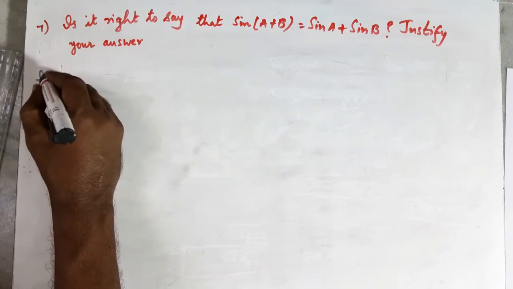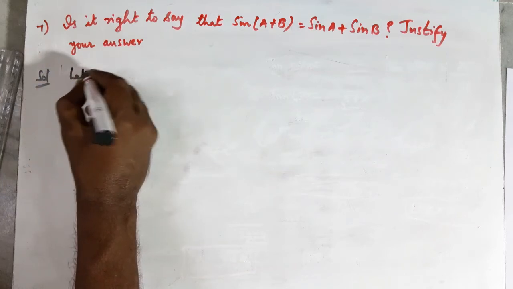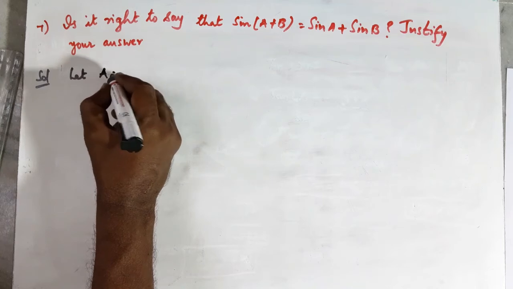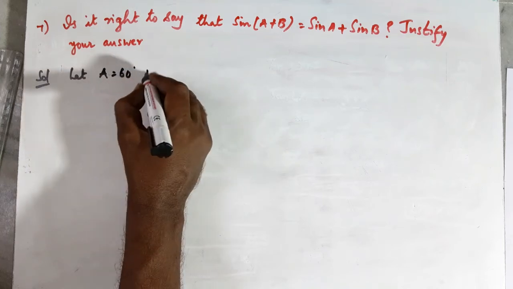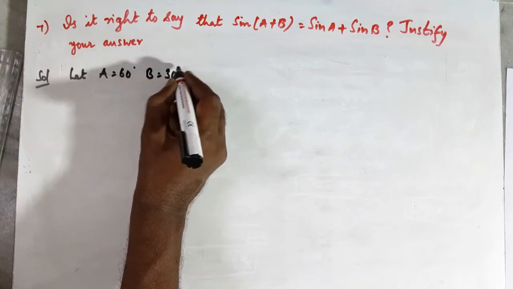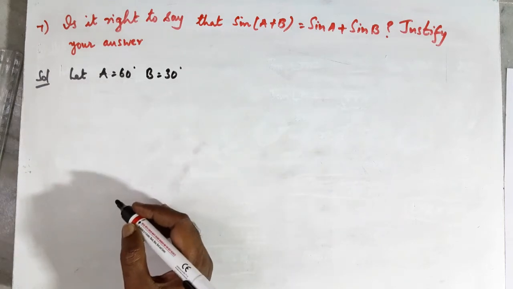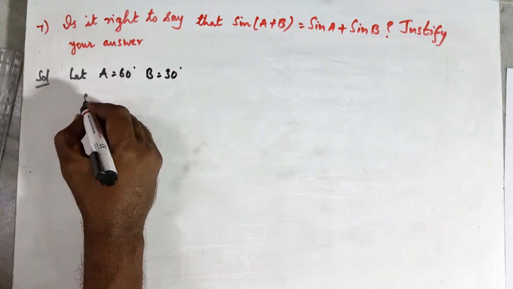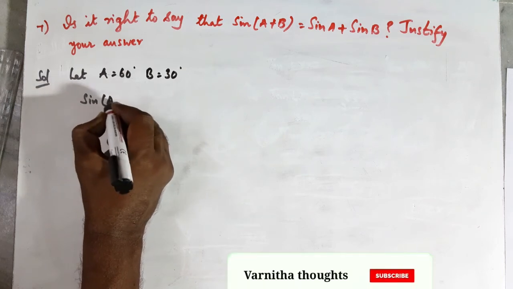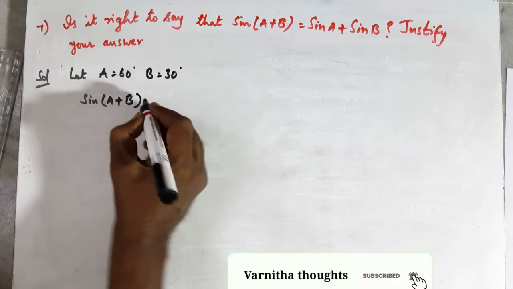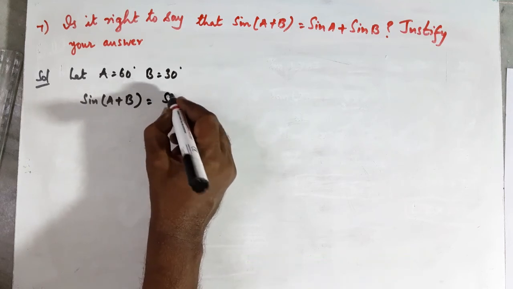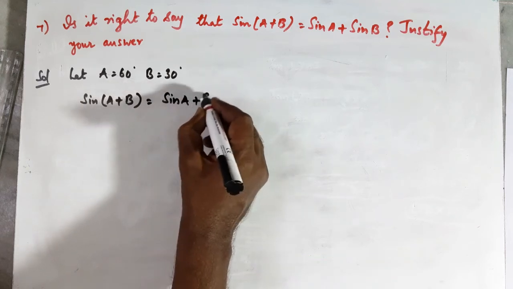The solution is, we are assuming a is equal to 60 degrees and b is equal to 30 degrees. Substitute in sine of a plus b is equal to sine a plus sine b.